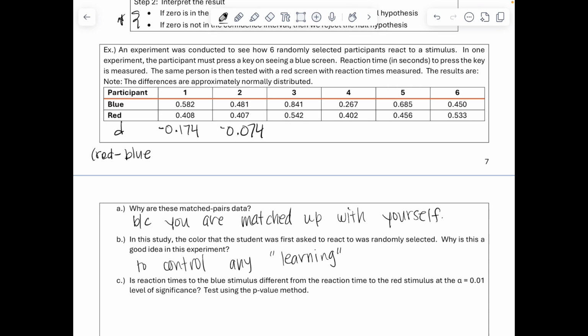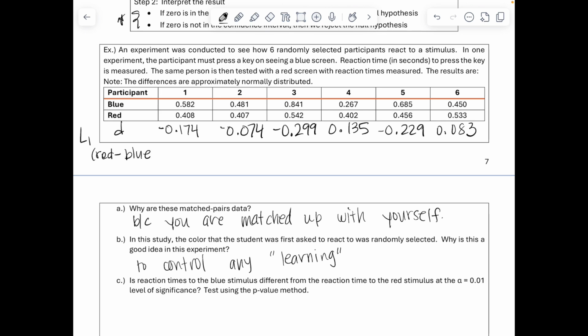Participant 2, negative 0.074. Participant 3, negative 0.299. Then 0.135. Negative 0.229, and 0.083.